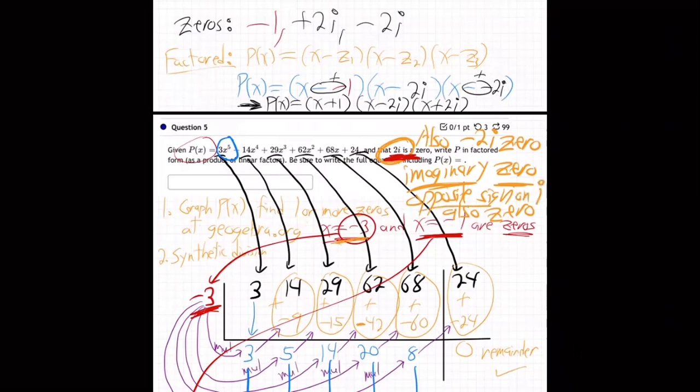The opposite sign on the i is also a 0. It's called the complex conjugate.